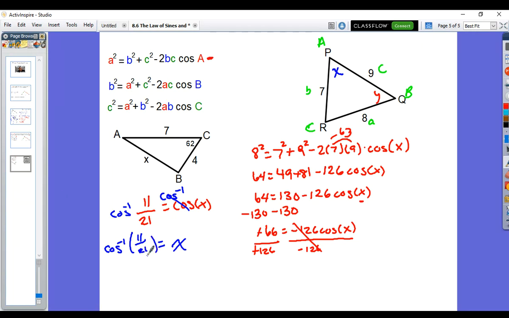So take out your calculator, hit second, then cosine. That brings up cosine to the negative 1 power, and that's where you enter 11 divided by 21. If you do that, you end up getting 58.411 or 412. That equals our x value right there, so that's the degree measure of that angle.